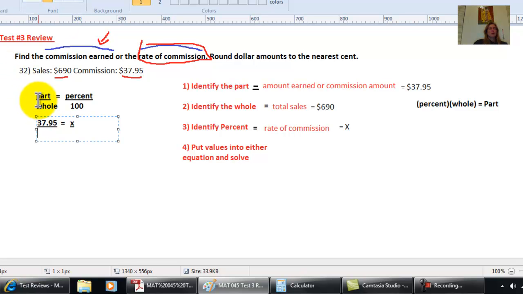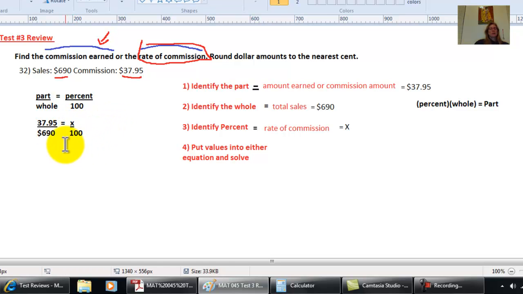And underneath the part is the whole, and the whole on this problem is $690. And X goes over 100. When we calculate our X, the number will be a percent because the X is placed over 100. We'll see it when we get there.